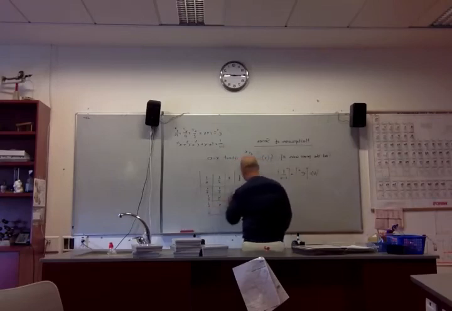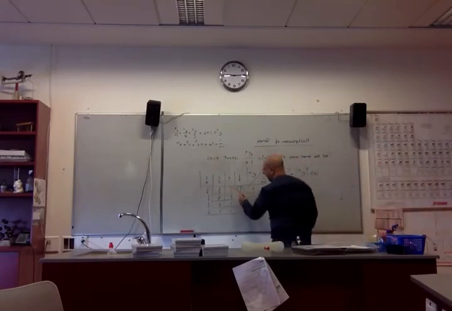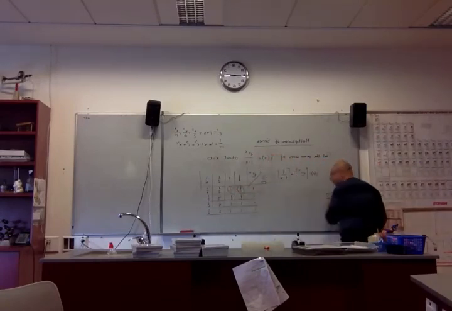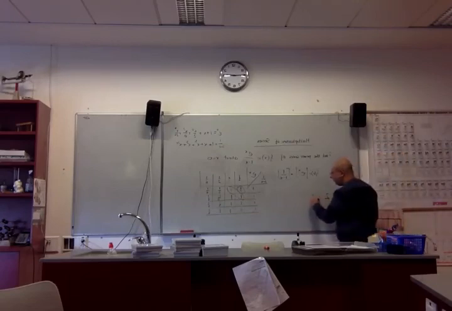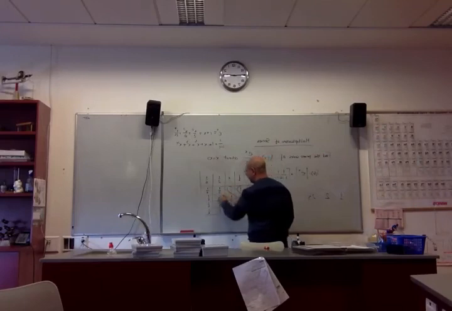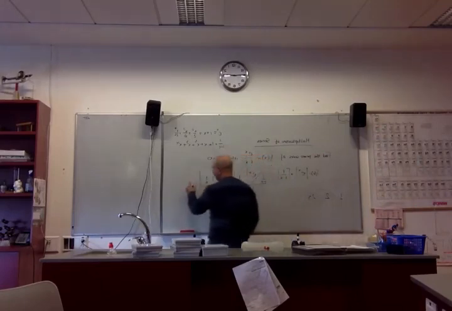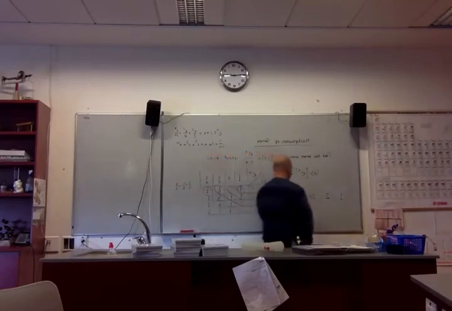Okay, so we have 1. Then we have 2. Then 2.5, and 2.8. How can you get 2.8? Excuse me. 2.5 plus 1 half plus 1 sixth is 2 and 2 thirds.